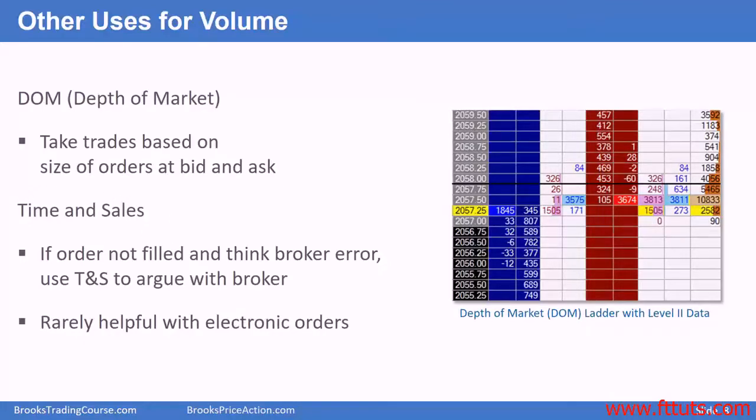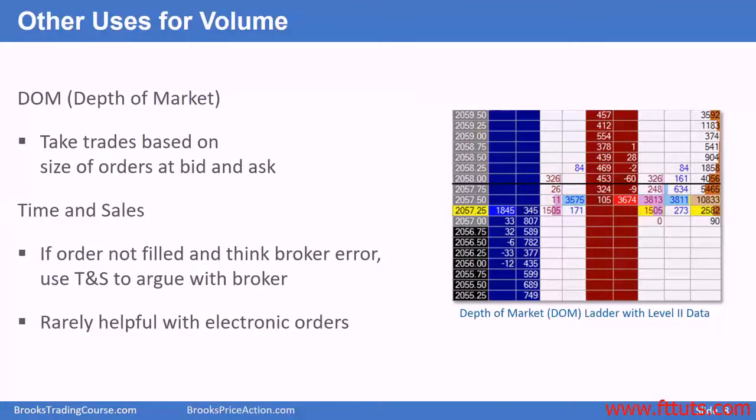If an order is not filled and you think your broker messed up, you can look at the time and sales to argue with the broker, telling them that the trade should have taken place and that their software made a mistake. That used to be true years ago, 10, 15, 20 years ago, when everything was not electronic and there were people involved in the order execution.